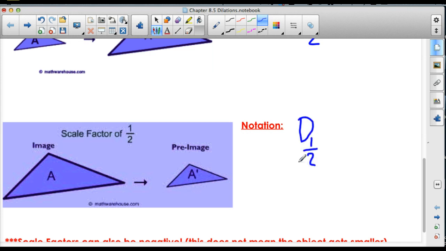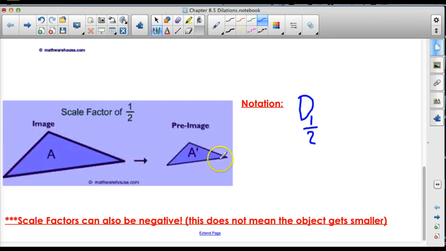So the notation's pretty easy. And the other thing I wanted you to recognize is that scale factors can also be negative. But that doesn't necessarily mean the object's getting smaller. It just means that it's moving or changing in some way. So don't necessarily just assume if you see a negative it has to get smaller. It might just be moving, okay?